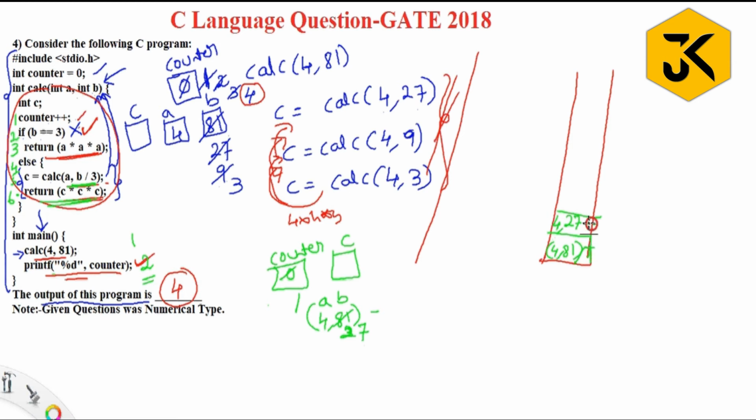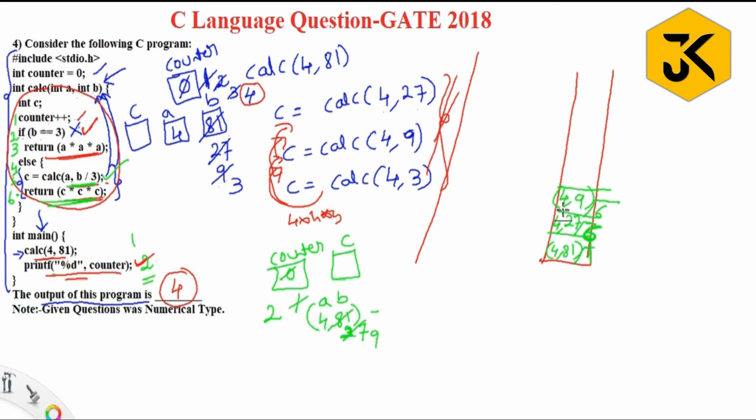Now 4 comma 27, whenever it is calling, the counter will be incremented to 2. Is 27 equal to 3? No, it is going to execute calc of a comma b by 3 once again, means 4 comma 27 by 3, that is 9. After successful execution of 4 comma 9, it is going to execute the sixth statement once again.